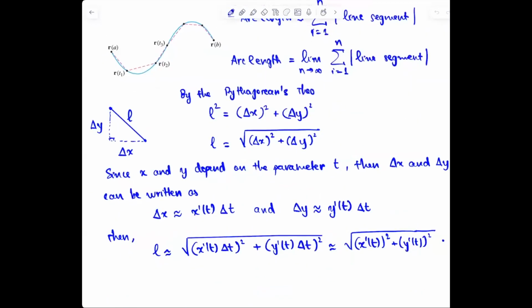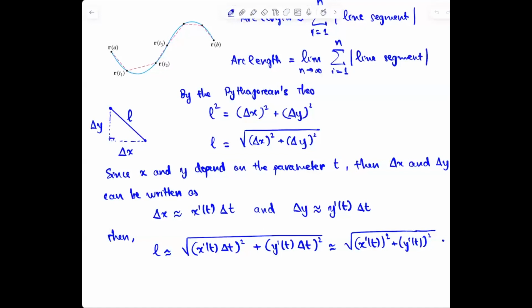And then we take out a part of the curve and work with one line segment only. We say that the length L is equal to the square root of delta x squared plus delta y squared. That is from the Pythagorean theorem. We did some approximations here: delta x is approximately equal to the derivative of x times delta t, and delta y is approximately y prime times delta t.